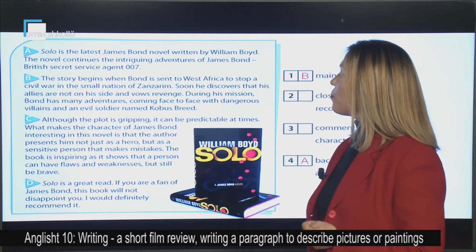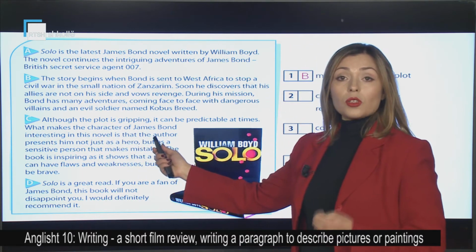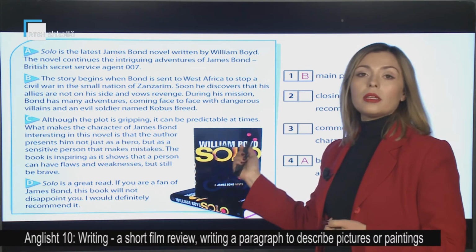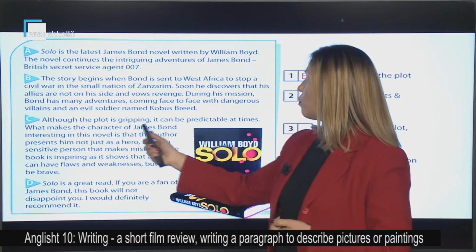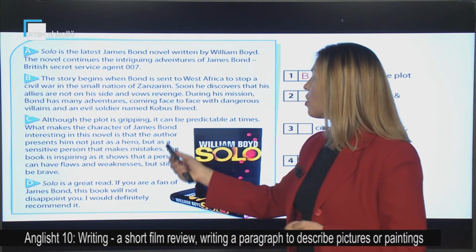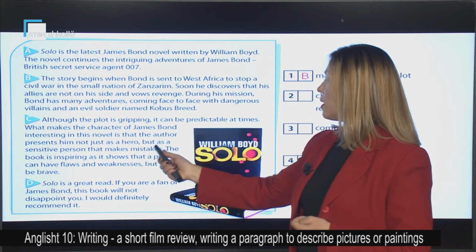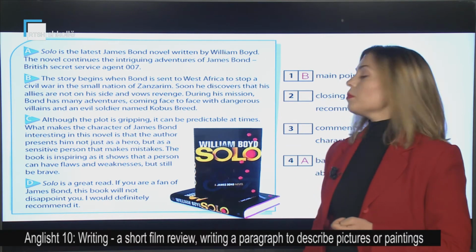Let's continue. Although the plot is gripping, so it's very interesting, it can be predictable at times. What makes the character of James Bond interesting in this novel is that the author presents him not just as a hero, but as a sensitive person that makes mistakes.